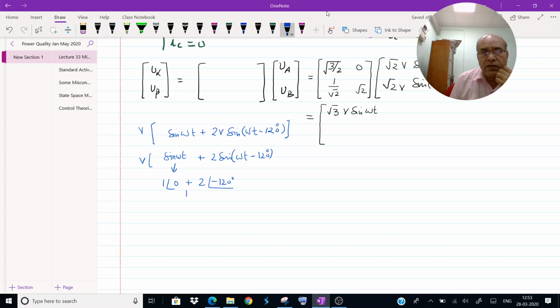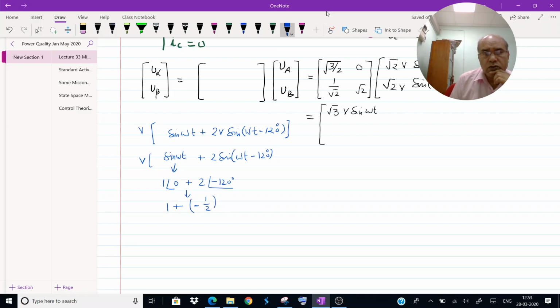Which is nothing but 1 plus twice of cos 120, and cos 120 is cos 90 plus 30, which becomes minus sine 30, so this becomes minus half.